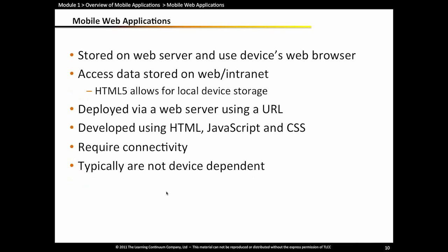We contrast that with mobile web applications. The biggest difference between these two is what I call the barrier to entry. With native applications, you typically have to go through the hardware vendor's particular process for deploying those applications.